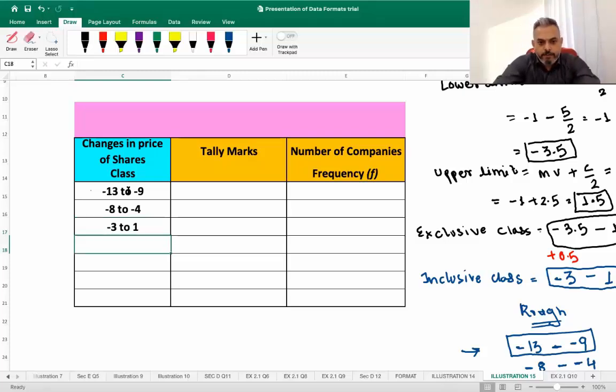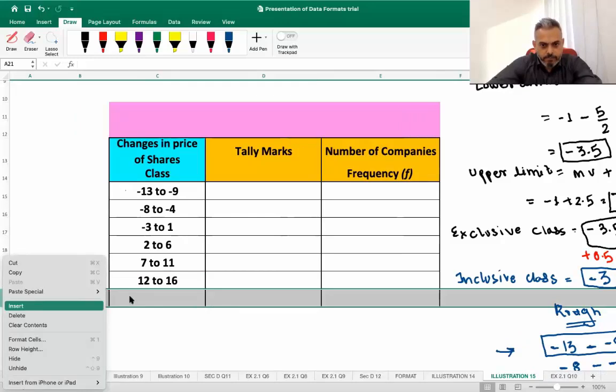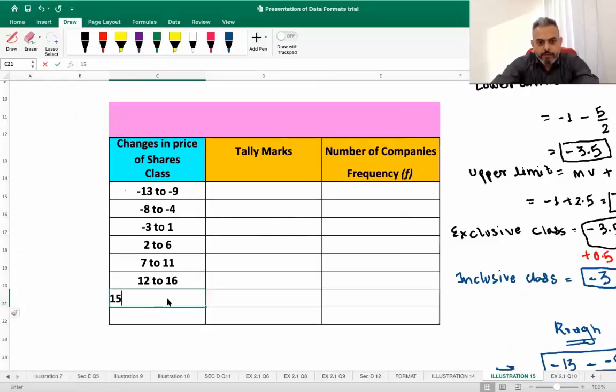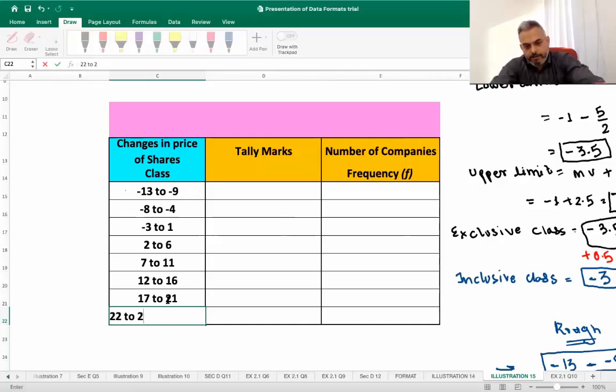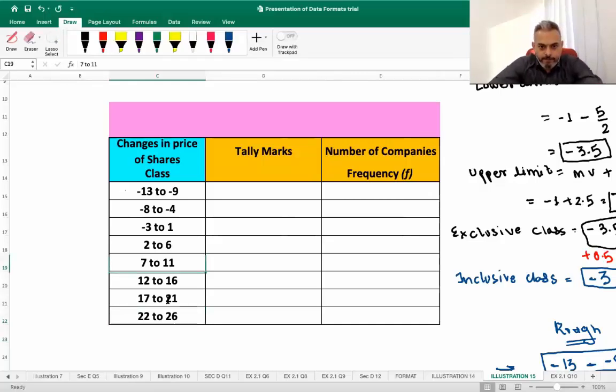Then 2 to 6, 7 to 11, 12 to 16, then 17 to 21, and 22 to 26. So these are the classes. Just go through it once.